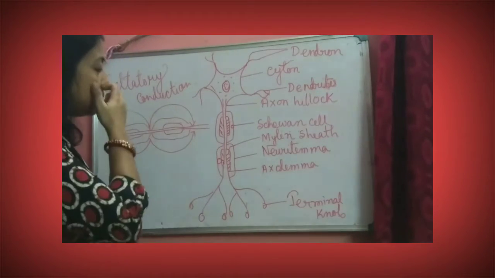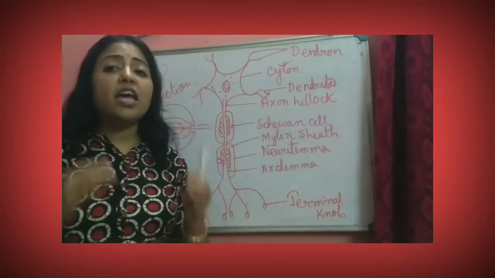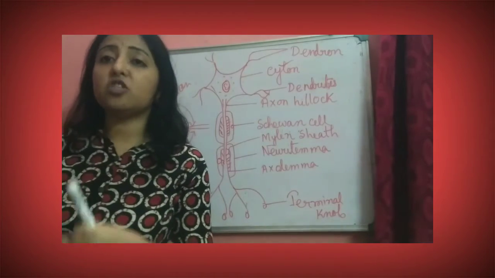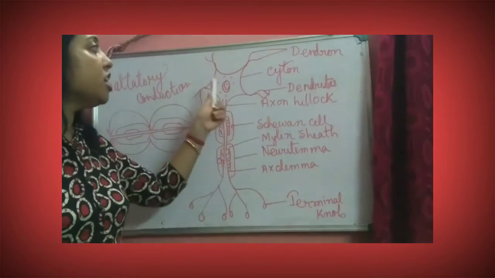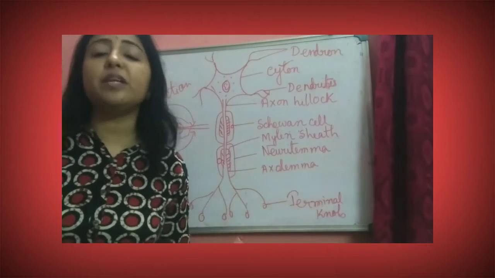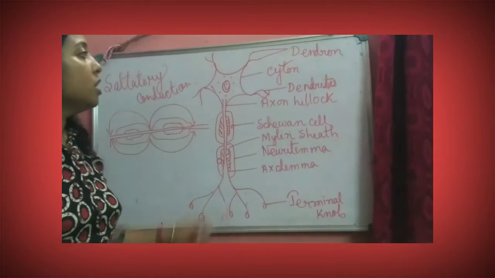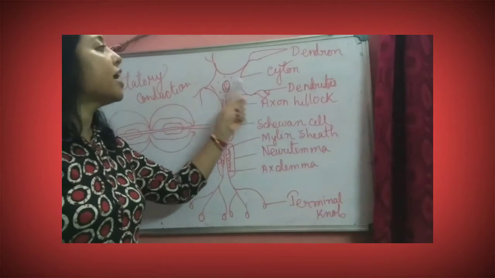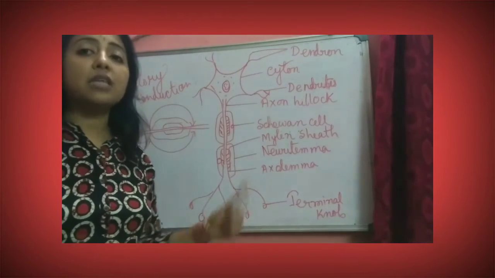But here centrosome is absent. That's why if there is any damage or injury in this cell, it will not be produced again. It won't be divided again. So this is the main characteristic feature of the cyton or cellular part.